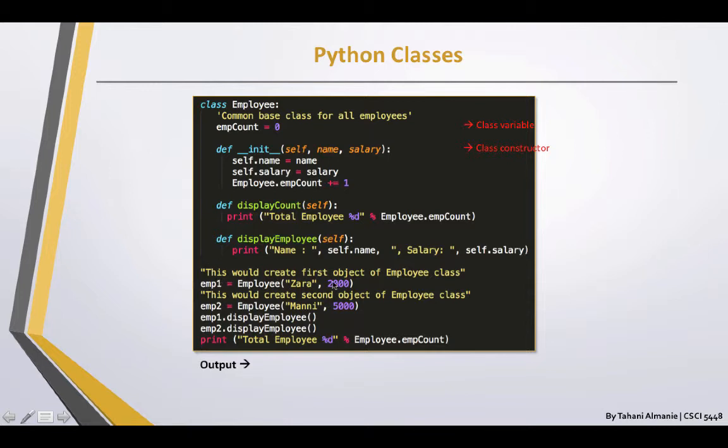So here, this statement would create the first object of the Employee class, by using the class name and passing the name and salary as parameters. And here's the second instance of the Employee class. And to access any attribute or method from this class, you can use the object name with the dot operator, while if you have a class variable, you will use the class name with the dot operator. So here's the output.